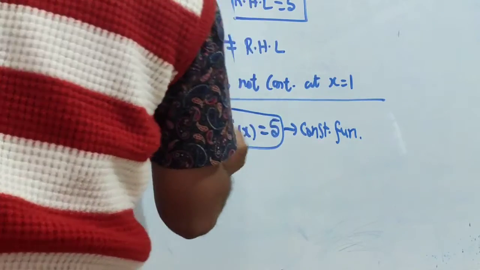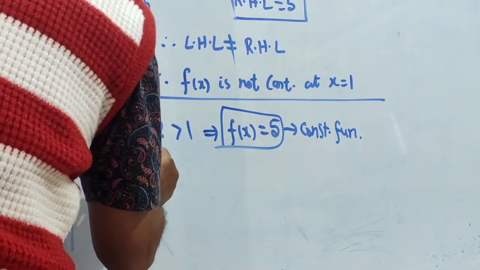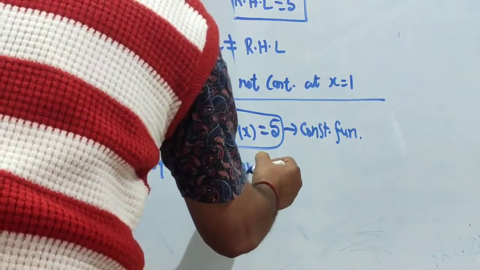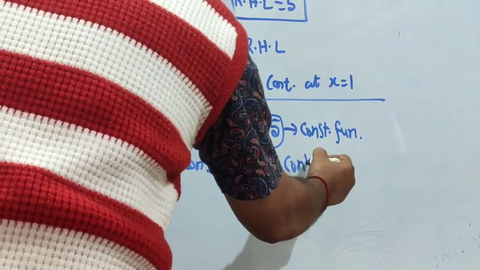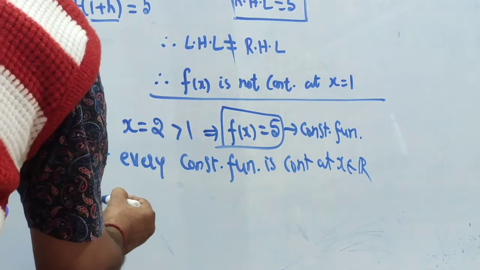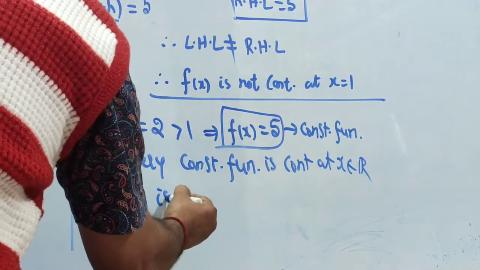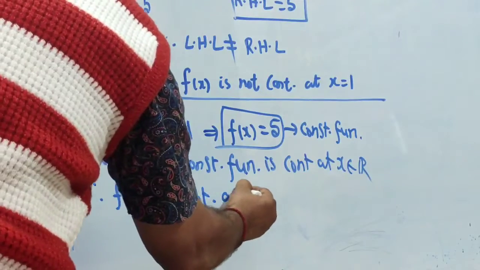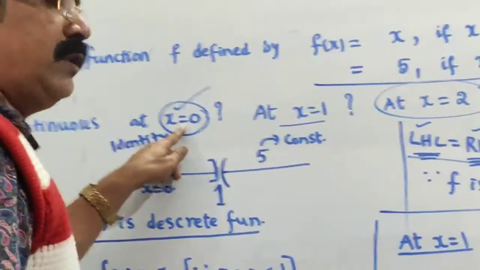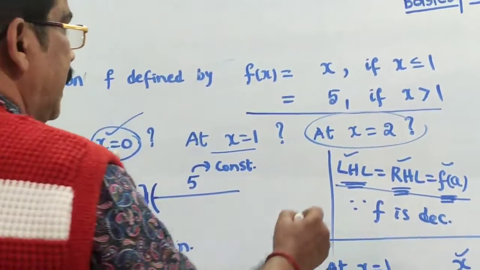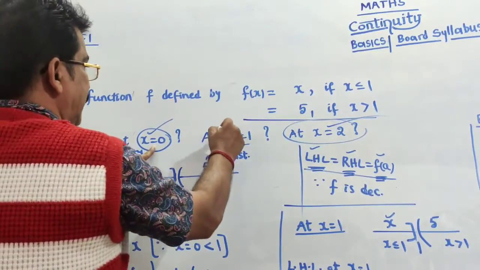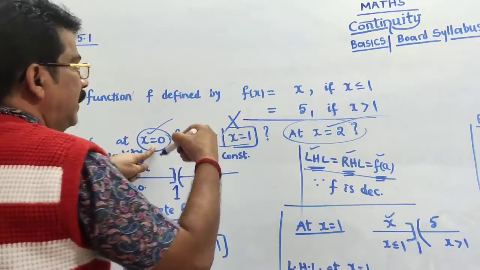Every constant function is continuous at any real number x. So f of x is continuous at x equal to 2. Therefore, at x equal to 0 the given function is continuous, at x equal to 2 the given function is continuous, but at x equal to 1 the function is not continuous.